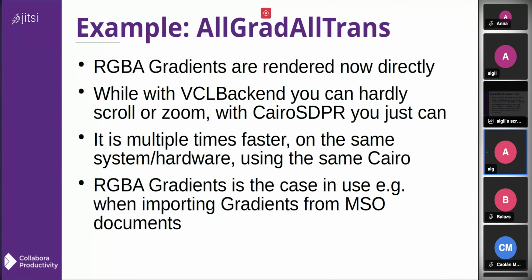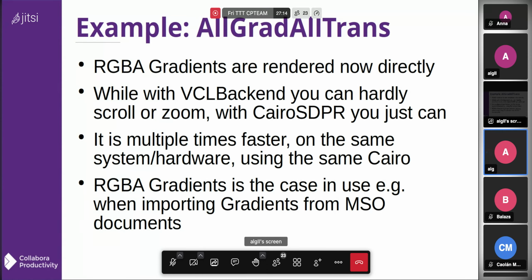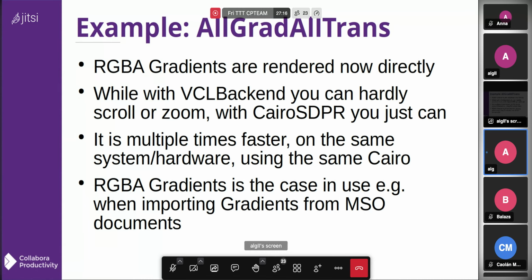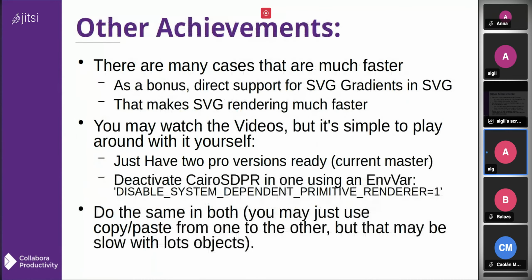But nowadays we can fix that and merge it at the right spot when creating the primitives, and the primitive renderer can just render RGBA gradient, what you have seen in the speed example. So that's what you saw.